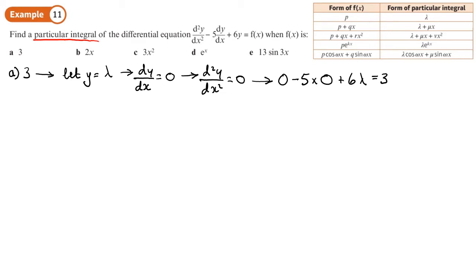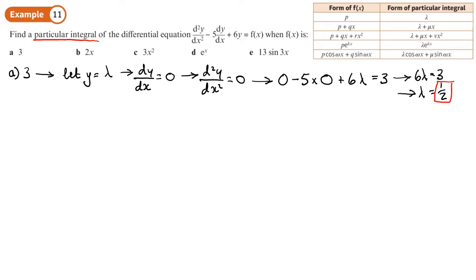Okay, so from here we can work out what lambda is. So what do I end up with? 6 lambda equals 3. So then lambda equals a half. So the form of the particular integral is going to be a half. So that's my answer for part A.